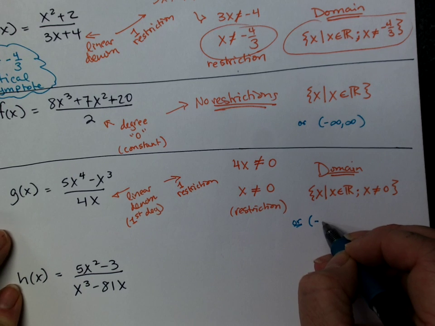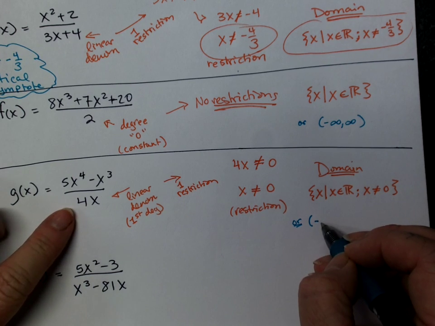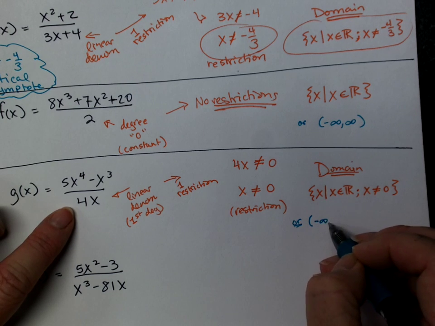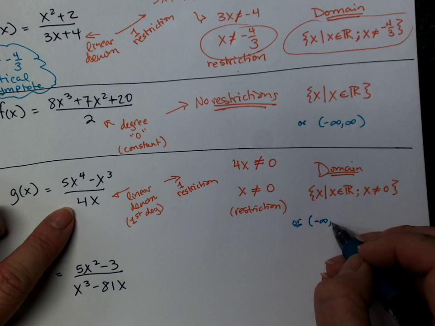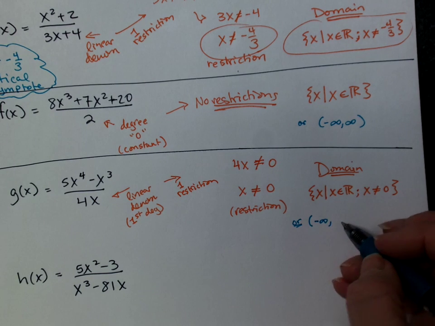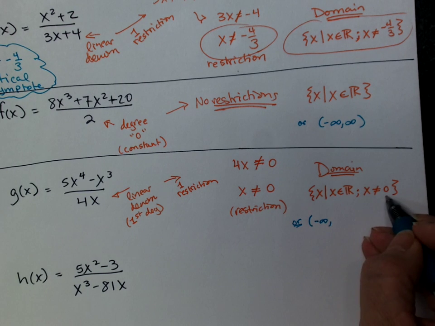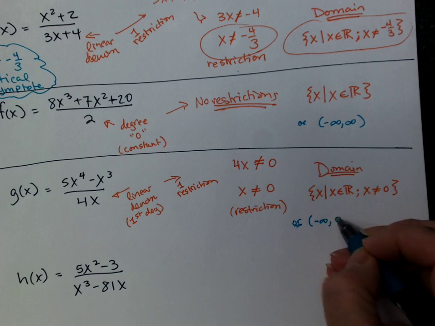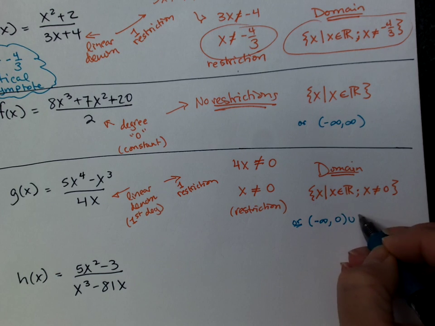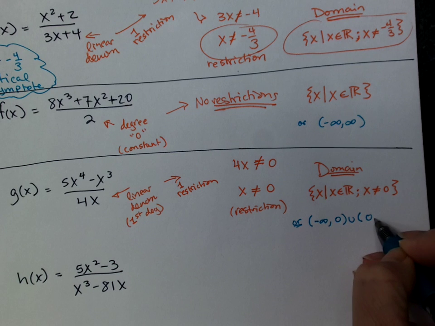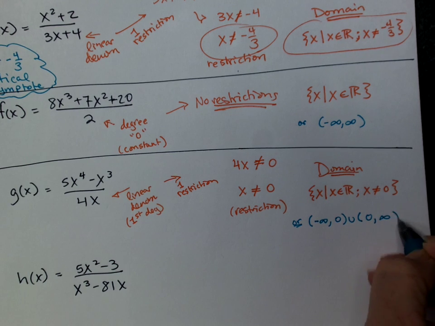Smallest x. What's the smallest x possible here? Is it negative infinity? Right, yeah. It's infinite, so negative infinity, but we move along that number line from negative infinity, and when we get to 0, we hit a wall. We have to jump over 0, pick back up on the other side, and go to infinity.